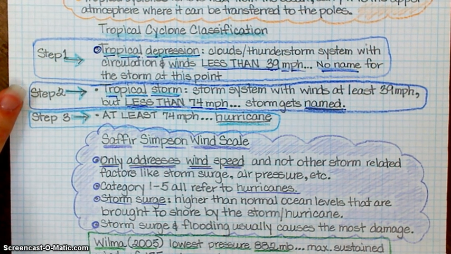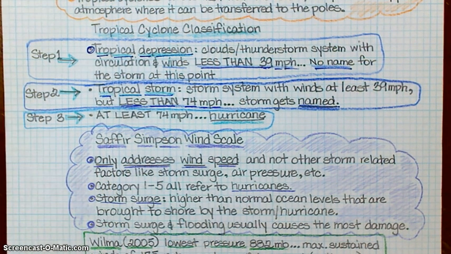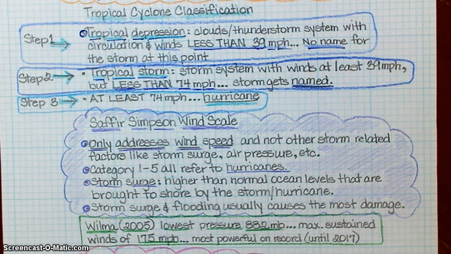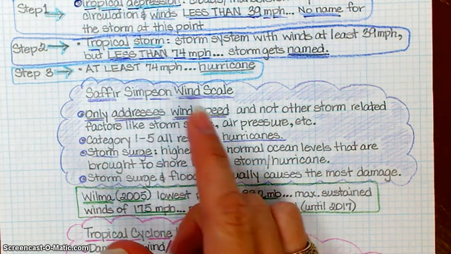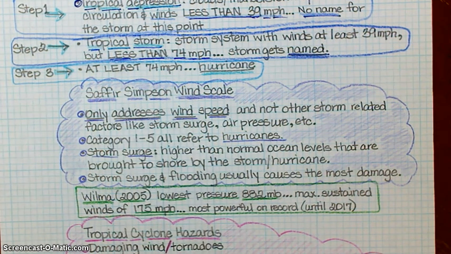Tropical storms, that's when you name a storm, and that's sustained winds of between 39 but less than 74 miles an hour. And then it becomes a hurricane if it has sustained winds of at least 74 miles an hour. And then once it becomes a hurricane, it can be categorized as a Category 1, 2, 3, 4, or 5 hurricane based on its wind speed.